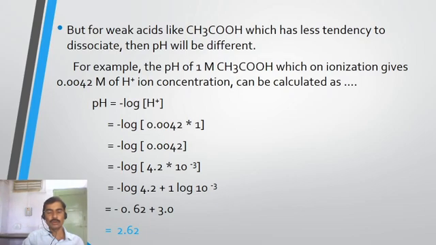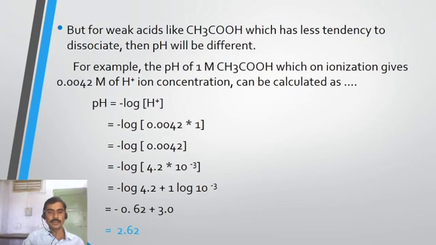Put the value of H plus ion concentration into the given equation. We get the equation pH is equal to minus log of 0.0042. The term 0.0042 is converted into 4.2 into 10 raised to minus 3.